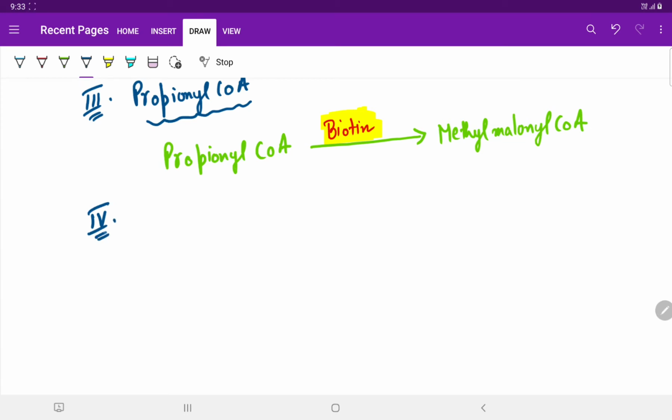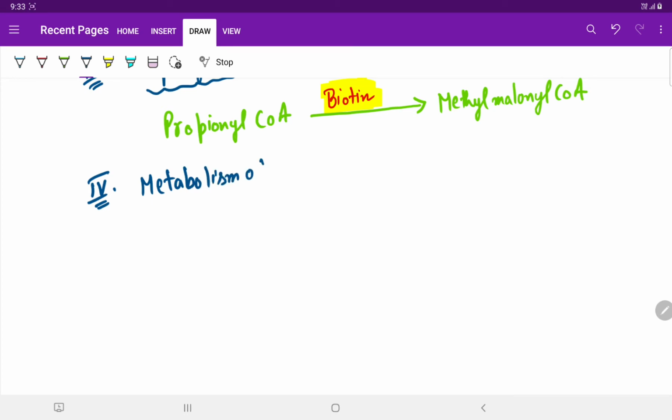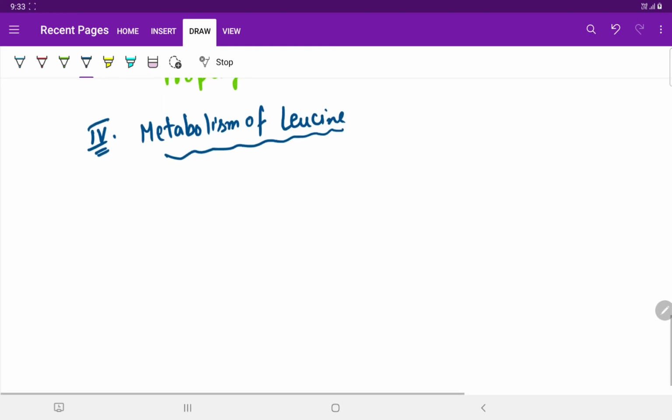The fourth important part is in the metabolism of leucine. How is it affected in the metabolism of leucine?